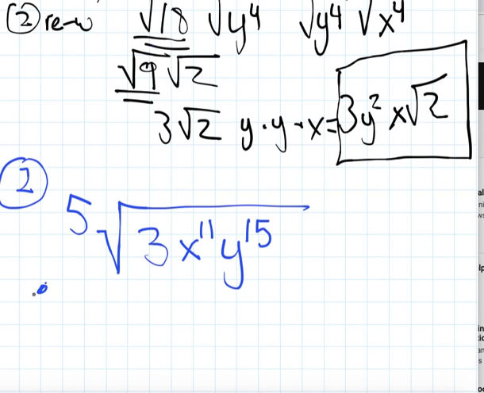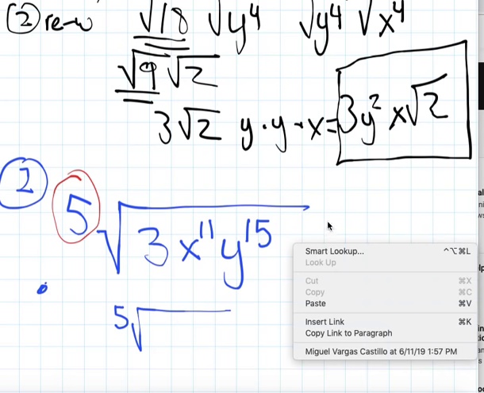So here, our first step is to locate our radical. The second one is to start breaking these numbers in a way that we can cancel. So the 3, of course, is not going to go anywhere. Let me see something here.